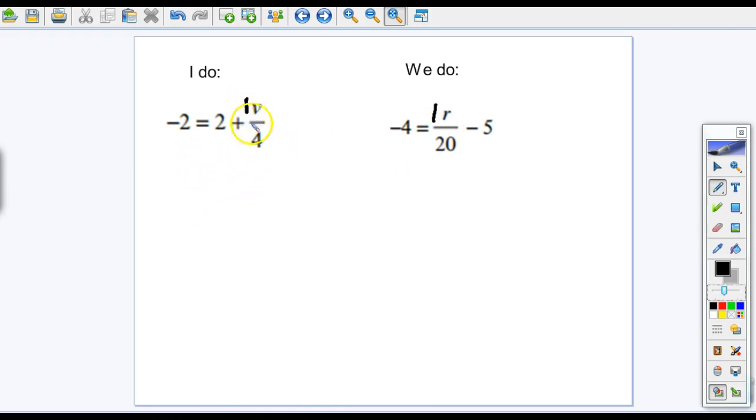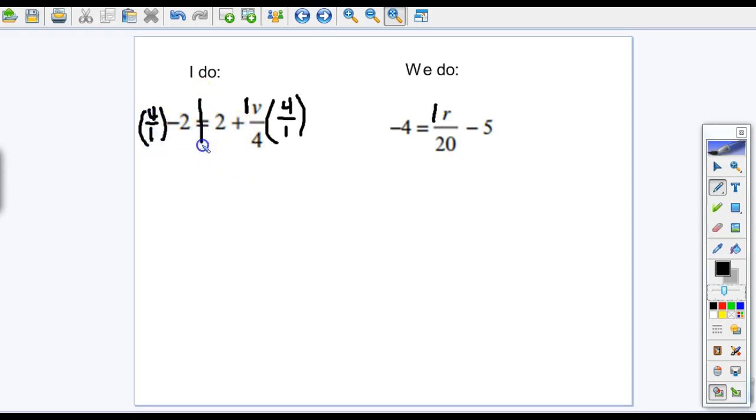Okay, so this is a division problem here, and in order to undo this division, I need to use multiplication. This is a fraction, so I'm going to multiply both sides by the reciprocal of that fraction. So instead of 1 over 4, I'm going to multiply by 4 over 1. But I'm also going to multiply by 4 over 1 on the opposite side.